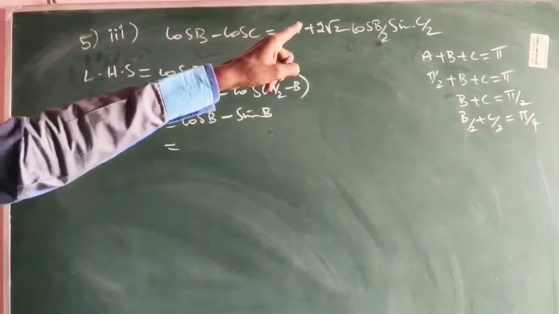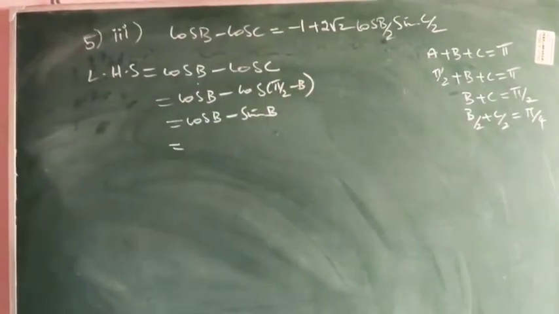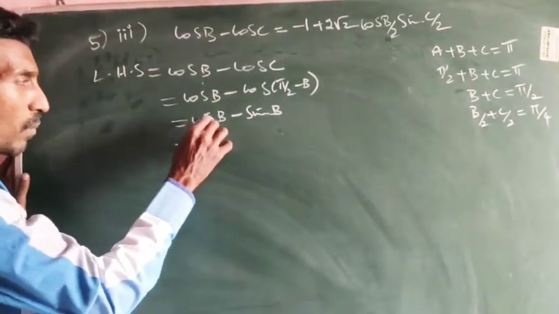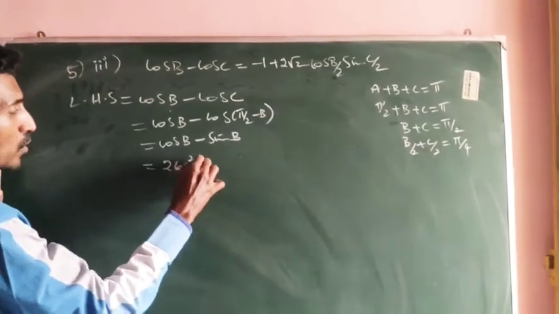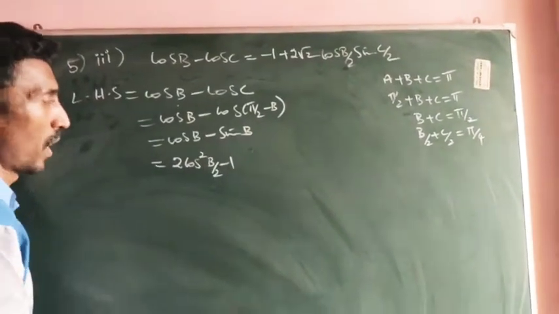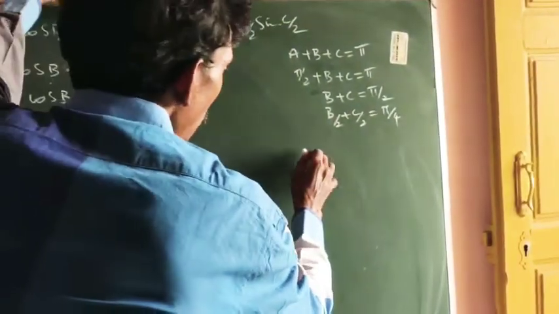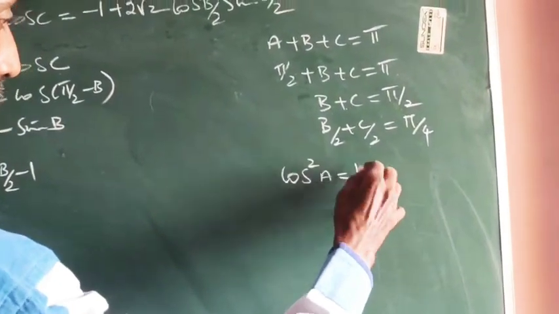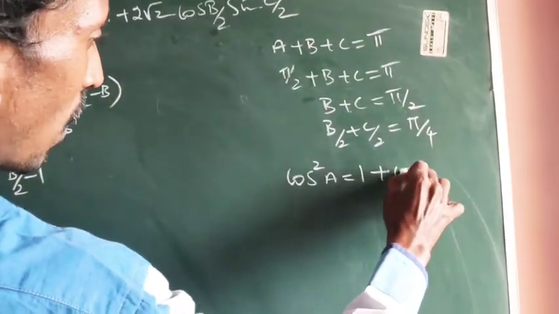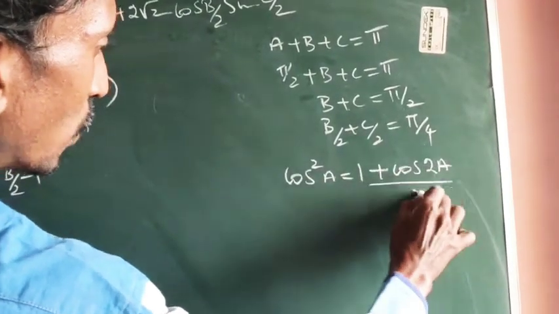So we have to write in the form of the half angle formula. Half angle means cos B is 2 cos square B by 2 minus 1. Already we know the formula, cos square A equal to (1 plus cos 2A) by 2.